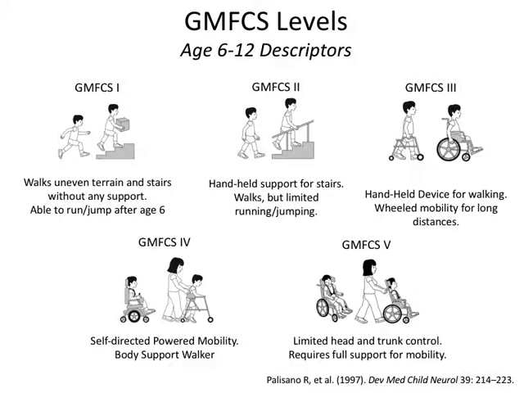GMFCS 4 are using self-directed powered mobility, and sometimes a body support walker. And by GMFCS 5, most of these children have limited head or trunk control and require full support for mobility. You'll notice that at least one of the images has changed over time for GMFCS 5 to be more sensitive to the way that these children are actually propped, sitting in their wheelchairs.